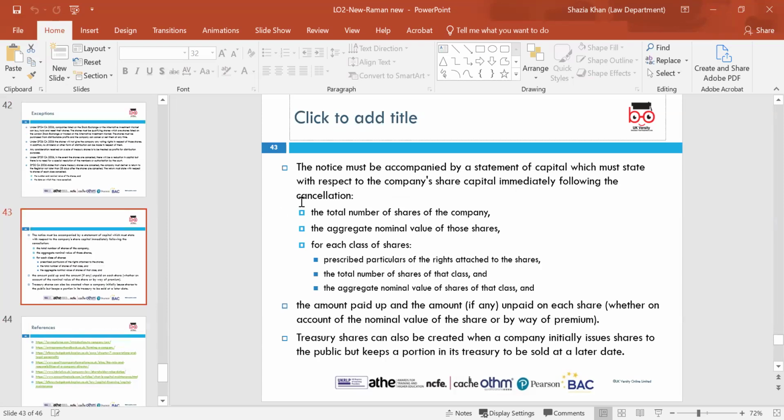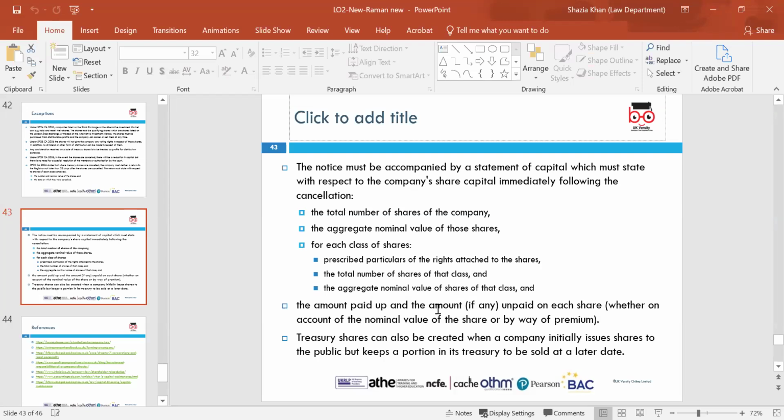So the notice, again, must be accompanied by a statement of capital, which must state, with respect to the company's share capital immediately following the cancellation, the total number of shares of the company, the aggregate nominal value of those shares, for each class of shares, prescribed particulars of rights attached to the shares, the total number of shares of that class, and the aggregate nominal value of the shares of that class.